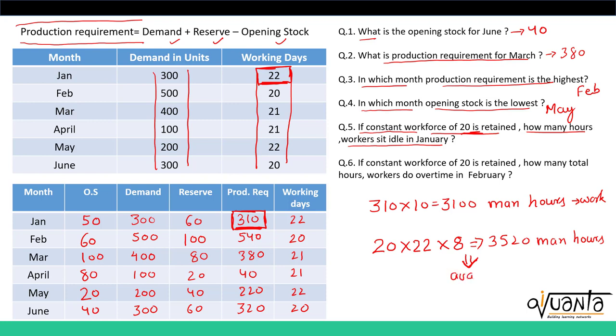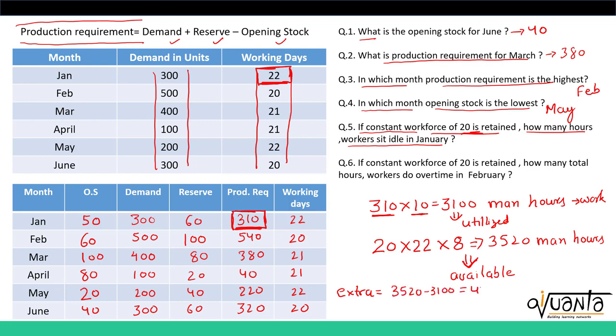That means this is available work, and out of this we have only utilized this much work because we only have to produce 310 units and each requires 10 labor hours, which means that we have extra man hours of 3520 minus 3100.